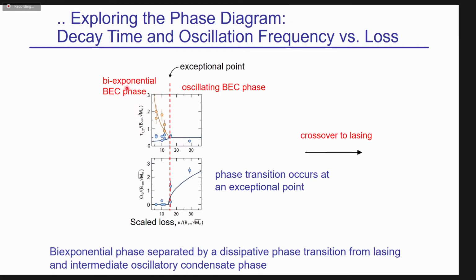And what you see here is that basically this bi-exponential phase is separated by the point of the phase transition at the exceptional point from both the oscillating phase and the crossover to lasing. Normally, one just has a crossover to lasing, whereas here there's a clear-cut phase transition. So you can argue that this bi-exponential phase is a state of light that is truly different from lasing.